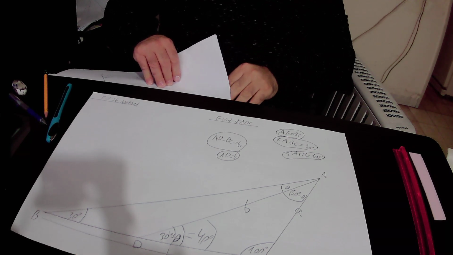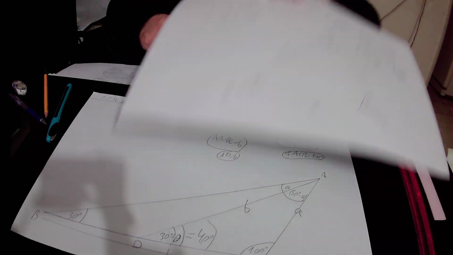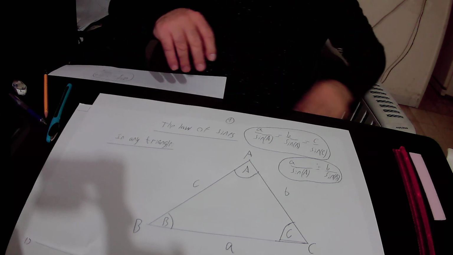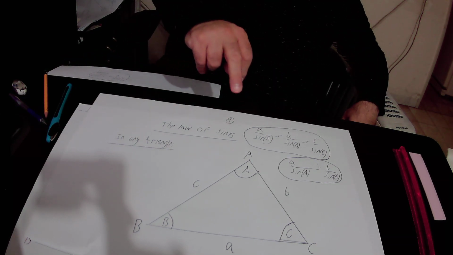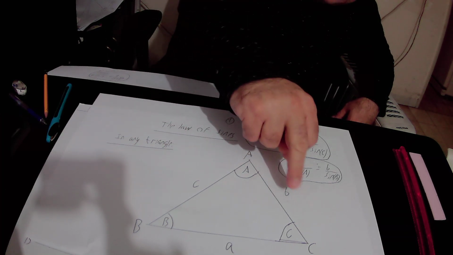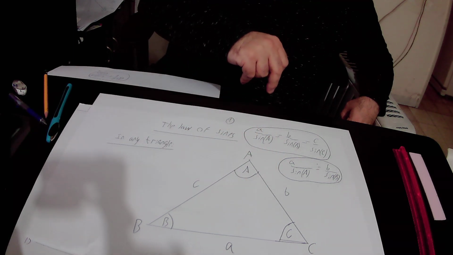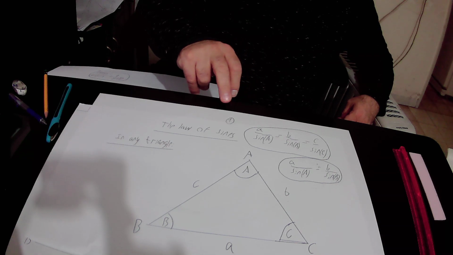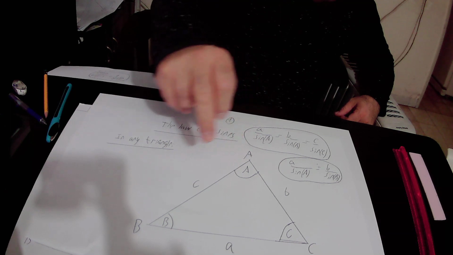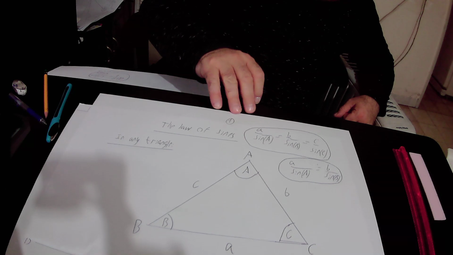Then I presented to you the law of sines. According to the law of sines, in any triangle, if we have this triangle, triangle ABC, and we know that side AB equals C units in its length, side AC equals B units, and side BC equals A units, then according to the law of sines, A over sine alpha equals B over sine beta equals C over sine gamma.